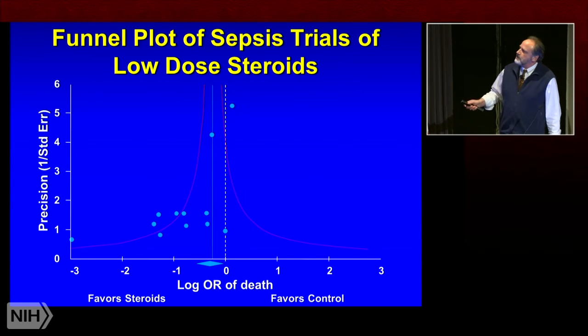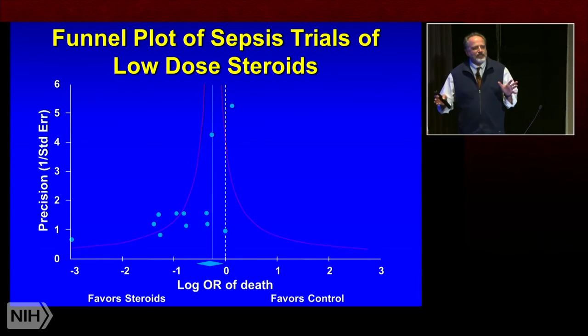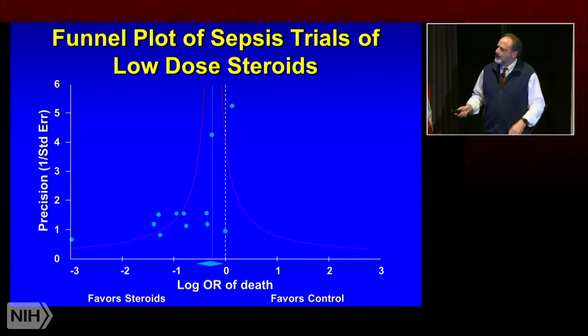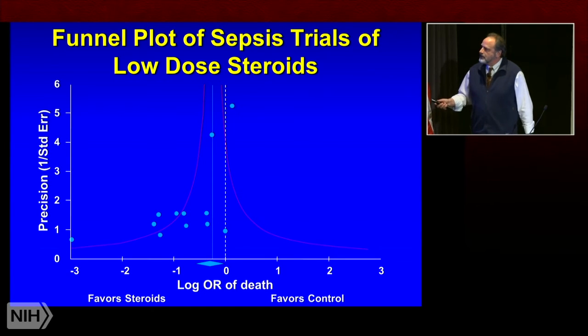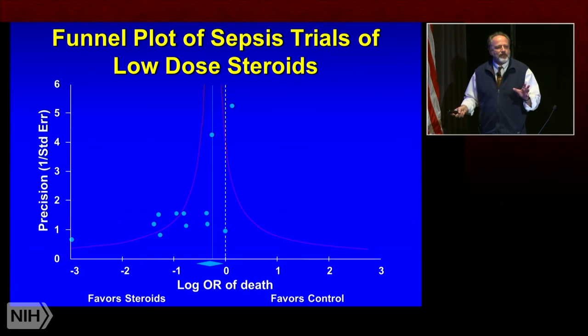So in order for this effect to not be biased, the studies should be normally distributed, all these dots should be equally distributed in here, in this funnel. And what you find is 1, 2, 3, 4 of these small studies are prejudicing the data and saying it's benefit. And you would have expected there to be an equal number of studies over here if this was truly an effect. And what you believe is these are the studies that are sitting in somebody's drawer. They weren't beneficial, they were small, they didn't think anybody would publish it.